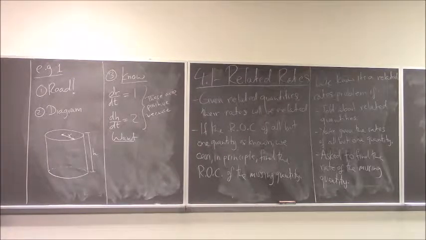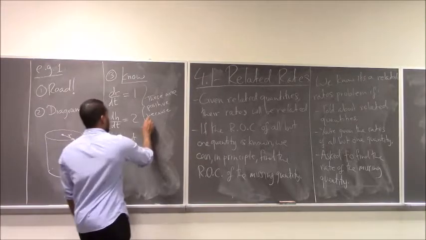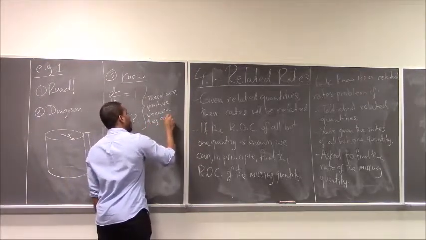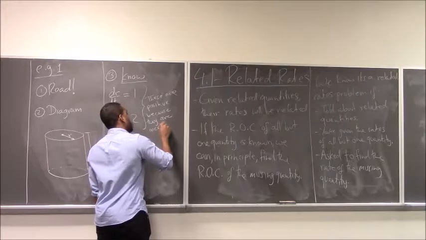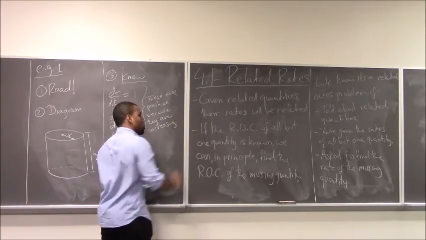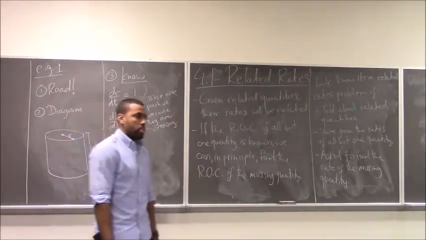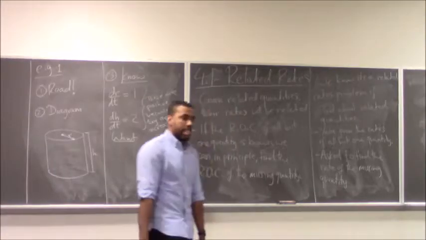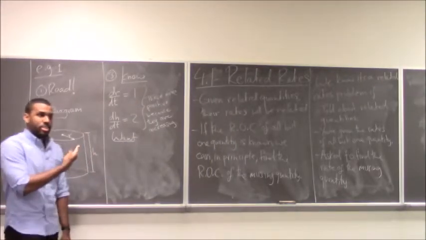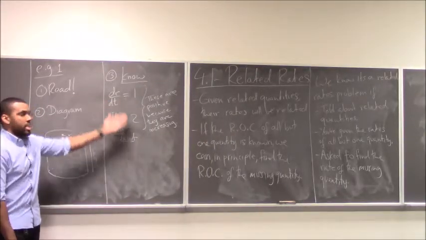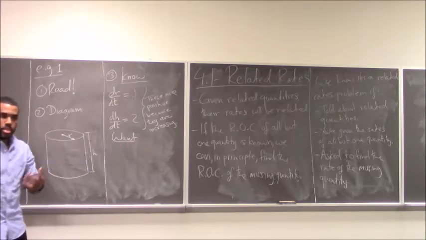Because they're increasing. Remember, we had this interpretation of the derivative: when the derivative is positive, it means you're increasing. If your derivative is negative, it means you're decreasing, and that takes effect here. So when you're writing down the rates, sign is something you have to consider.